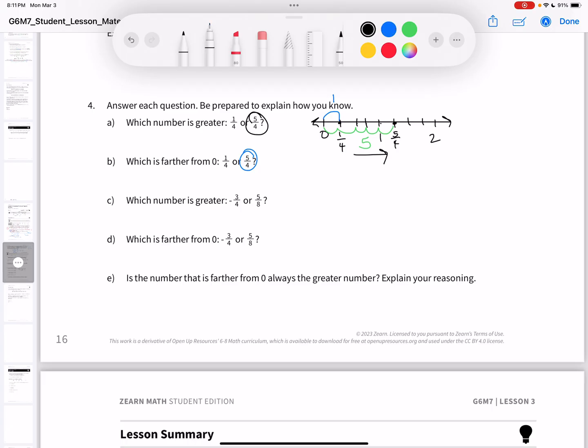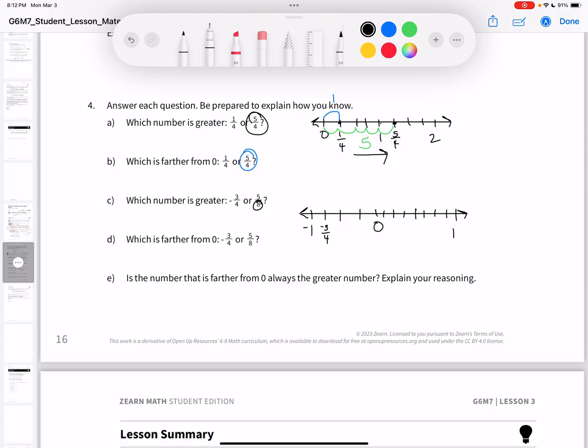Okay, let's look here. Which number is greater, negative 3/4 or 5/8? Let's draw our number line. So we have 0 here, negative 3/4, so we're going to go negative 1 here, and then we're going to split it into fourths, and negative 3/4 would be right here. But going up, we're in eighths here. So I have 1 up here, and I have to split this into eighths. So here's half, here's fourths, here's eighths.